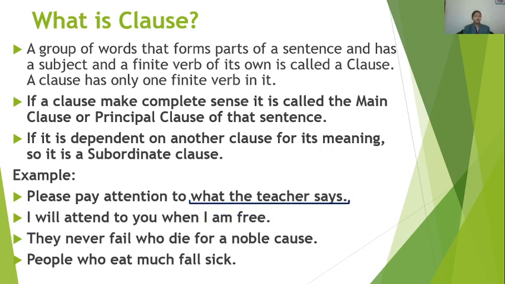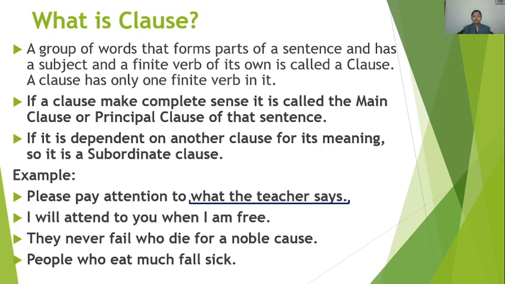Now, let's try to find out what is main and what is subordinate. "Please pay attention" is the main clause, and "what the teacher says" is the subordinate clause, because "what the teacher says" needs the help of the first clause, the main clause, to clear its meaning.